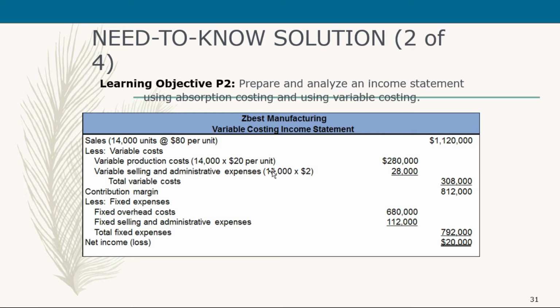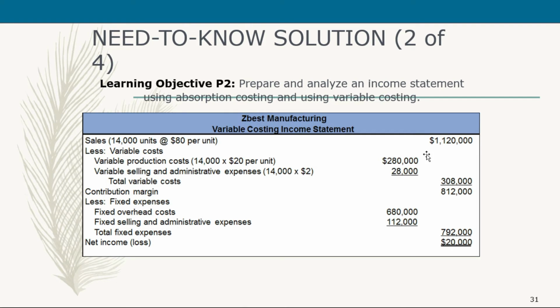We did not include the fixed overhead cost per unit. Okay, giving us your total variable production cost of $280,000. For your variable selling and administrative expense, it is 14,000 units multiplied by your variable selling and administrative expense per unit of $2, giving us an amount of $28,000.